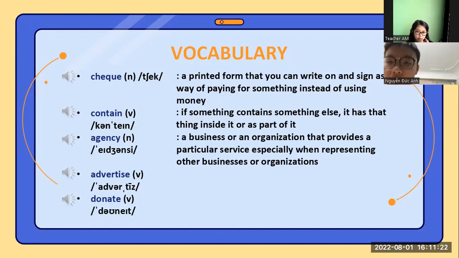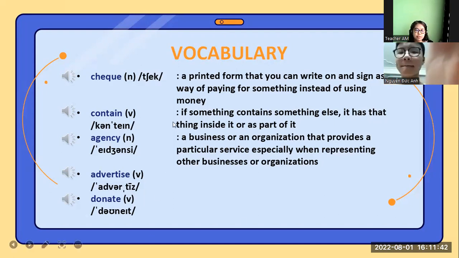For example, if you are planning to go to America and need a visa, you need to consult an agency. They are private business organizations like RRS agency, Teacher AM agency, that's it.